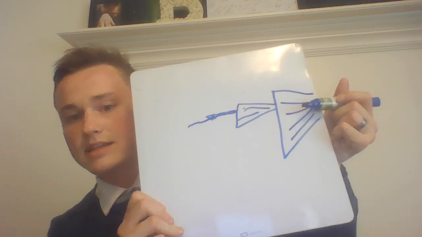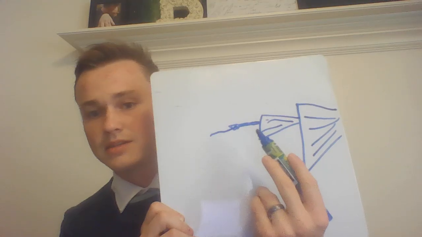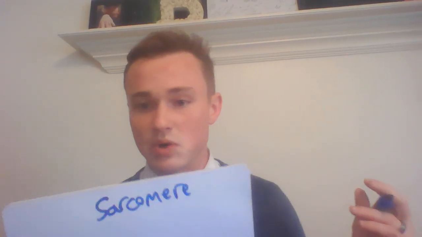So if this is the entire muscle here, this is a subunit, and this is a subunit, and it goes all the way down to the smallest unit of muscle that can be contracted, and that is something we call a sarcomere. Sarco, remember, that means muscle. I'm not sure what mere means, but I would be surprised if it meant muscle unit or something like that.